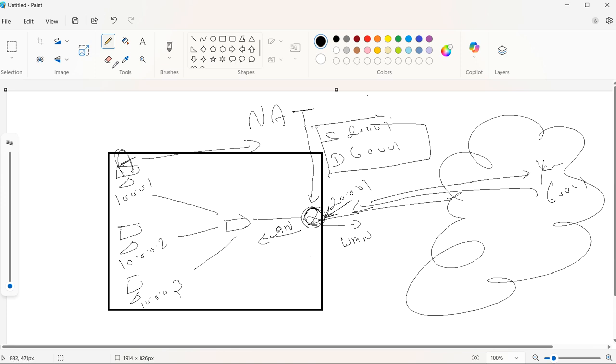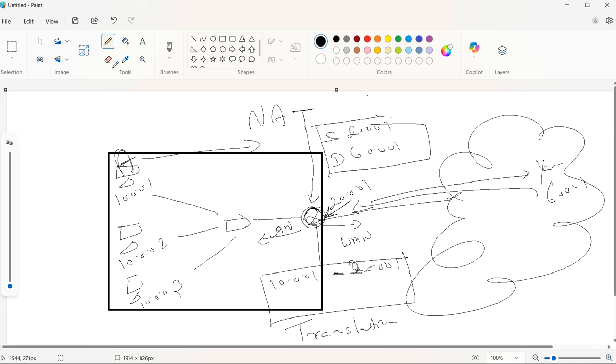And when the reply comes to 20.0.0.1, the router knows for which address the translation happened, so it will do reverse NAT. Actually, the router will maintain a table called the NAT translation table. In that, it has maintained a table saying 10.0.0.1 I have translated to 20.0.0.1.